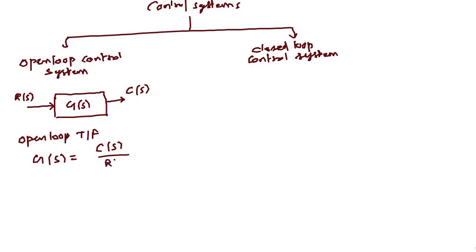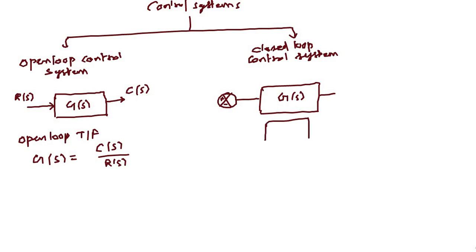Next, the closed loop control system. The closed loop control system also has the open loop block, having the open loop transfer function of G(s). In addition to that, we have an error detector or comparator, and we have a feedback block with a feedback transfer function.